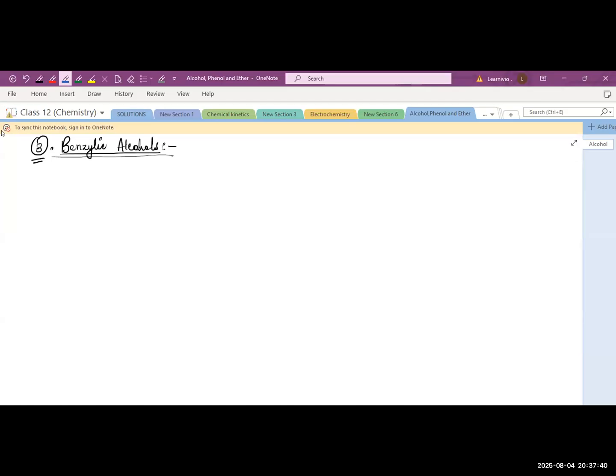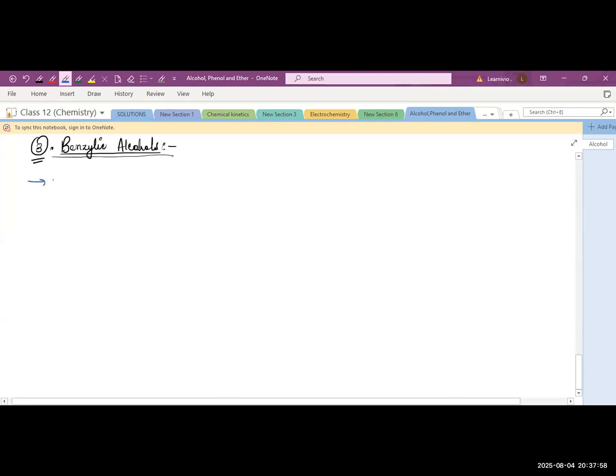Now benzylic means, similarly जो हमने पढ़ा था, in hydroid case. So OH group is first attached to the sp3 hybridized carbon, and that sp3 hybridized carbon is directly attached to the aromatic ring, right? So that's the benzylic type of alcohol.